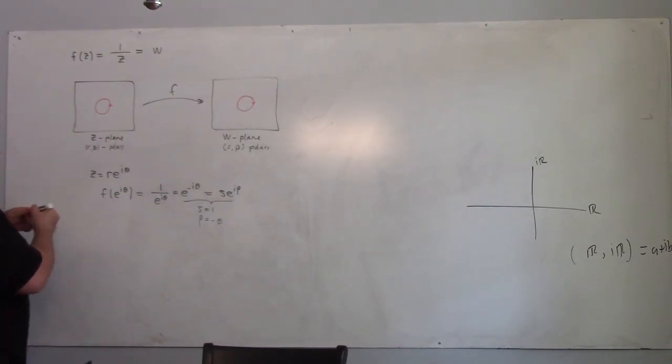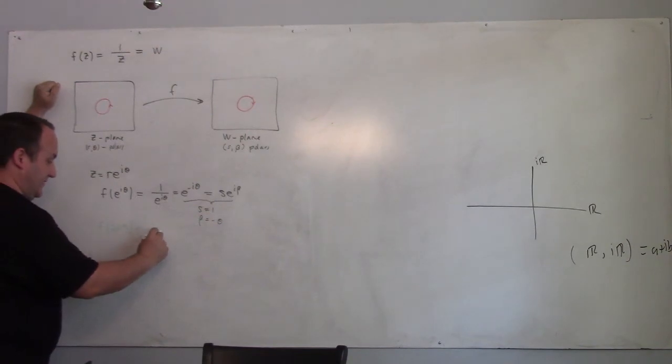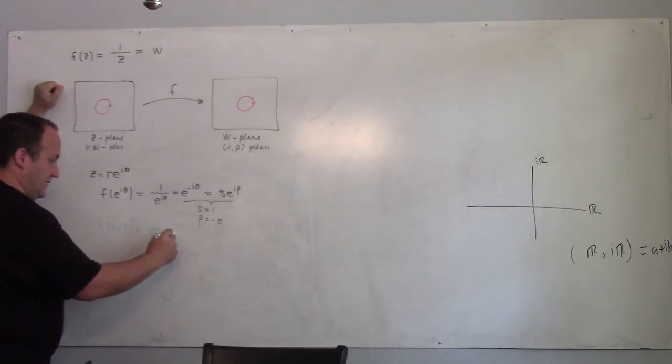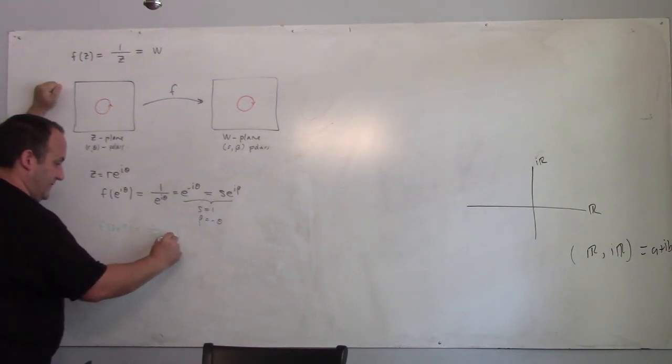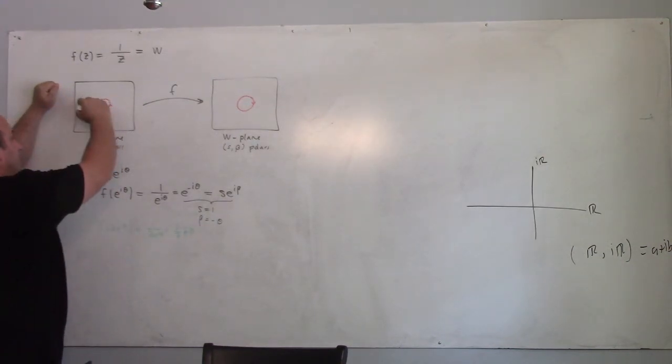And then rinse and repeat. So what happens, for example, to the circle of radius 2 over here? It gets mapped to 1/2 e to the minus i theta, right? So we started out with radius 2 over here, and we end up with half a radius over there.